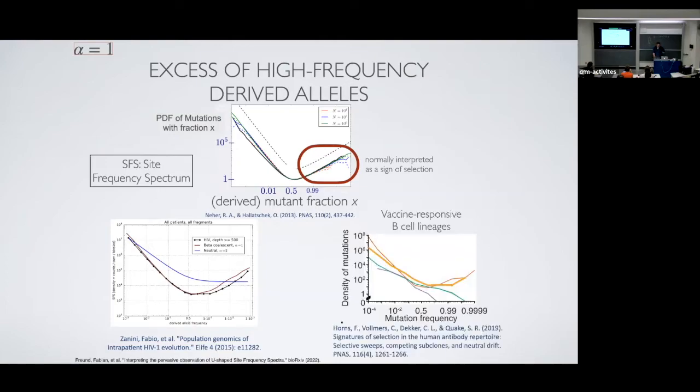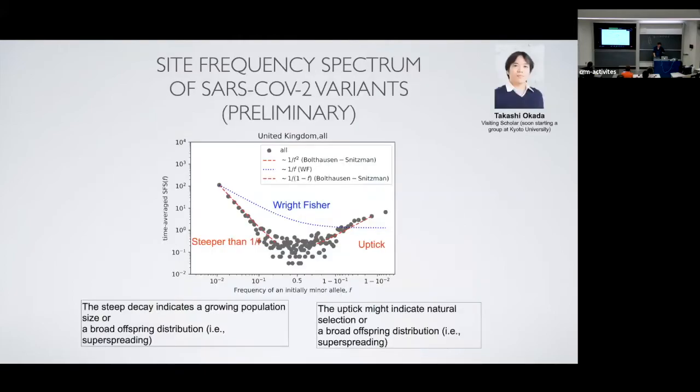The same has been seen for the case of immune dynamics, and also this is early days, but I had a visiting scholar from Japan, Takashi Para, who worked a lot on these broad offspring distributions, and over the last year he has begun exploring lineage dynamics in SARS-CoV-2.